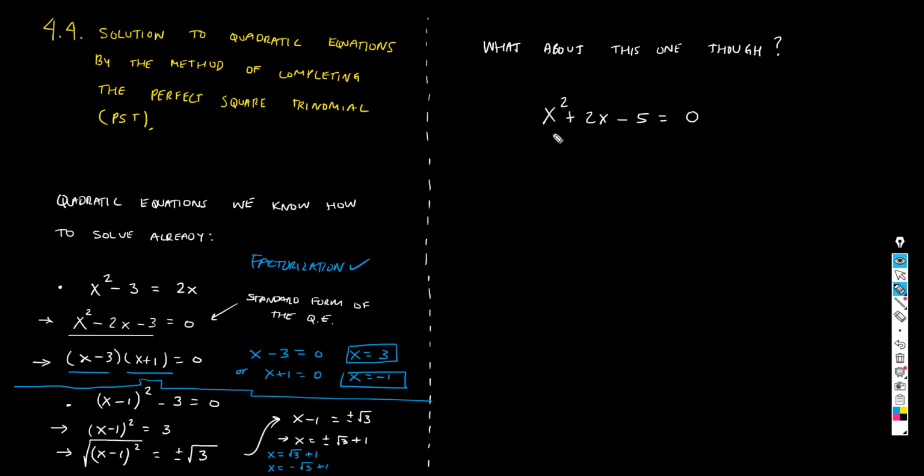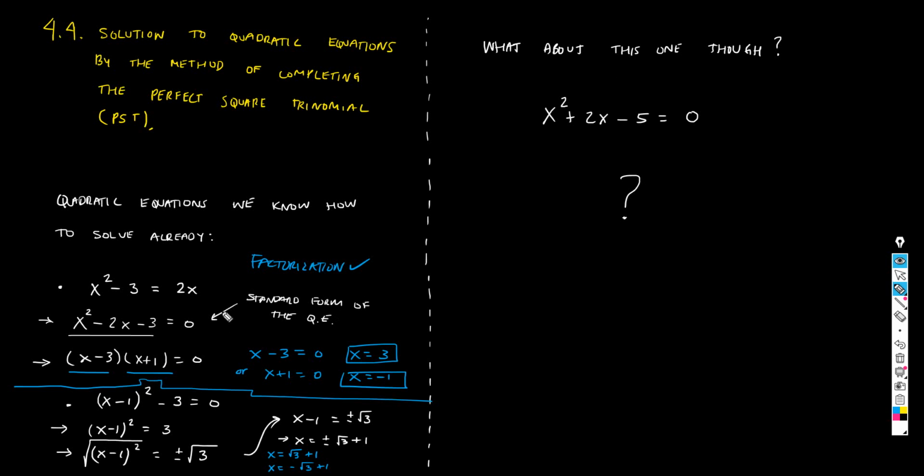But you may think, okay, maybe I can factorize this trinomial like we did in here. Okay, pause the video 1 or 2 minutes. Try to factorize. Go ahead. Okay, so by now you must have realized that this cannot be factorized. So how are we going to solve this equation?